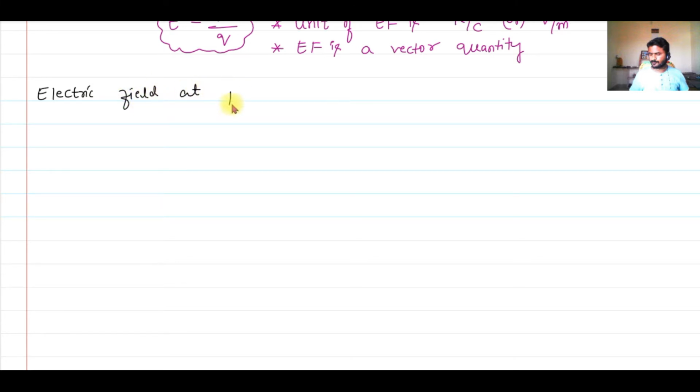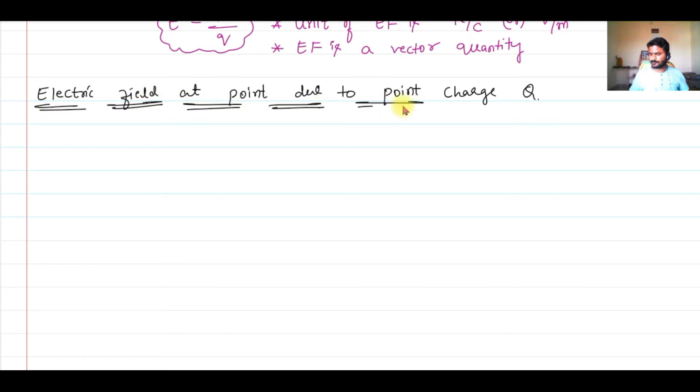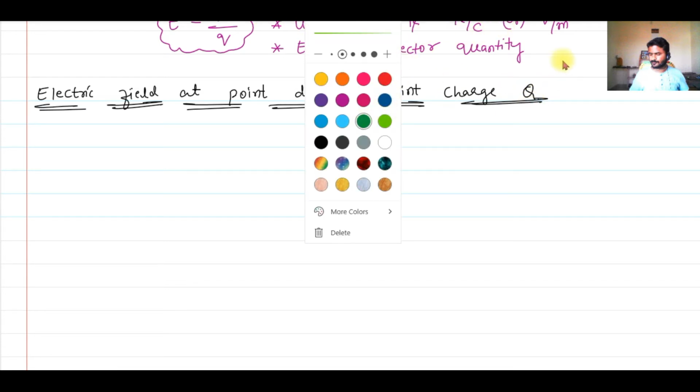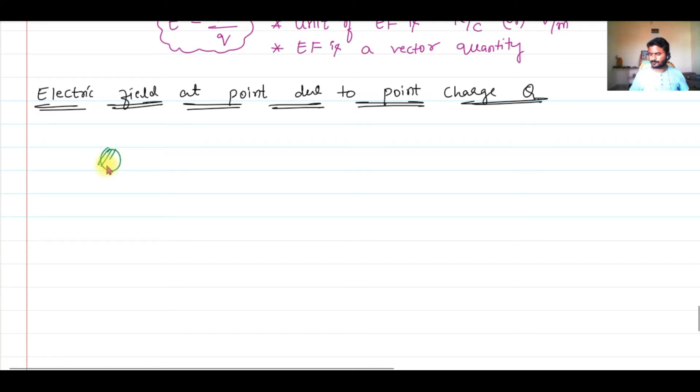Let us say I have a charge Q. Now I want to know how much is the electric field due to this charge at a distance d from this charge Q.